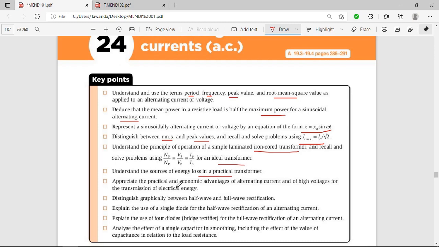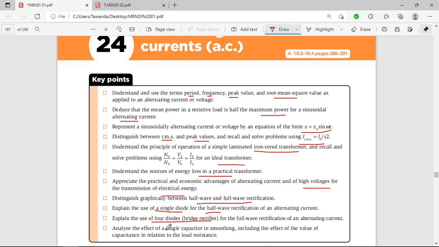You also need to appreciate the economic advantages of alternating current and high voltage for transmission of electrical energy. You also need to distinguish between half-wave and full-wave rectification. You also need to explain the use of a single diode for half-wave rectification of an alternating current, and also the use of a 4-diode bridge rectifier for full-wave rectification.